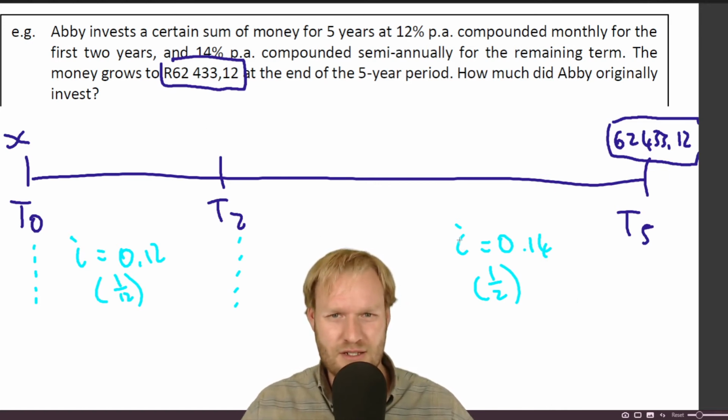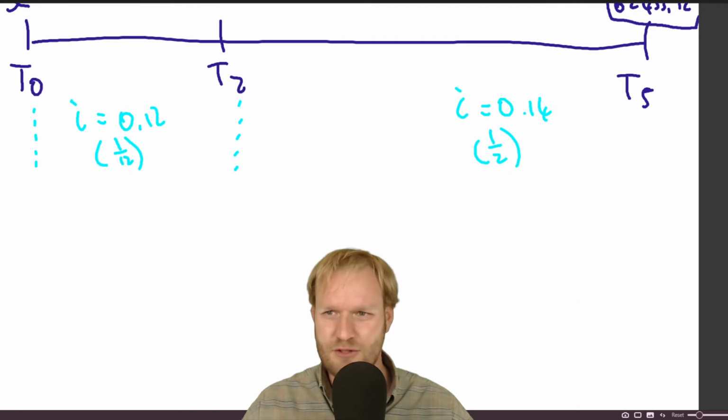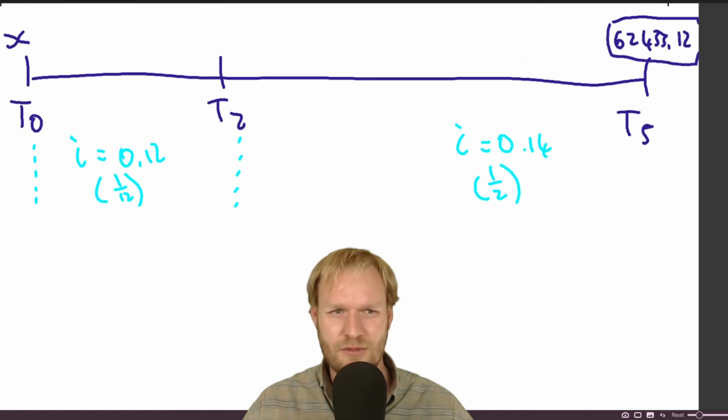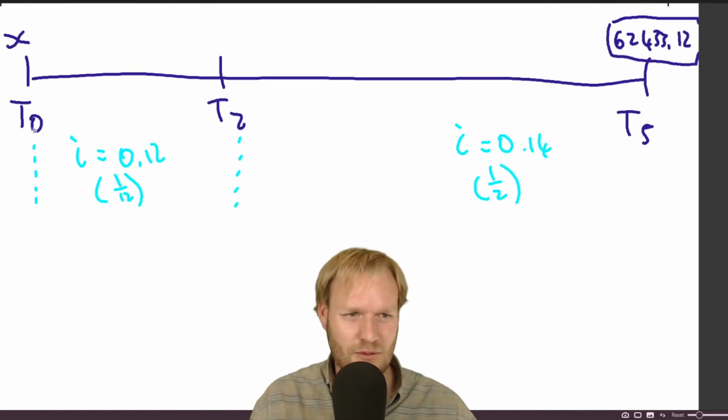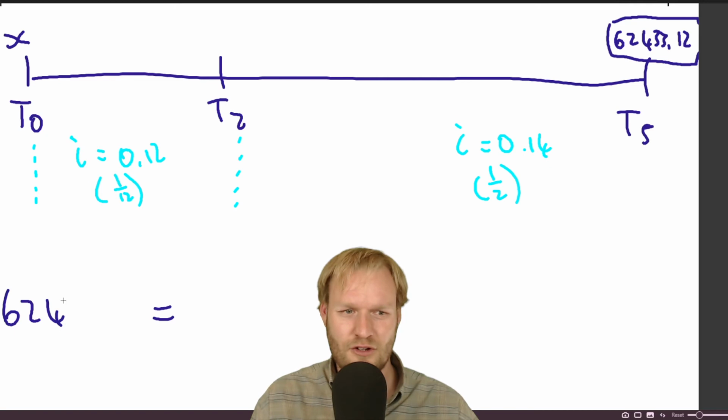So in this case, how much did it invest? I'm just scrolling down so I can see the bit that I care about. If we put in X, what it grows to is 62,433.12.